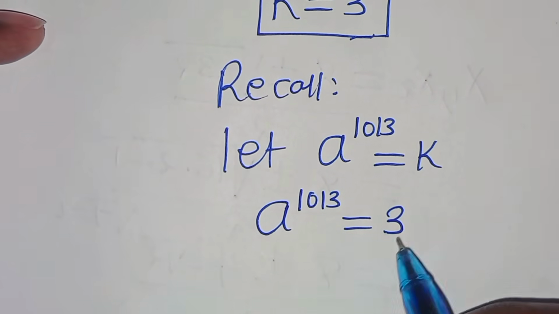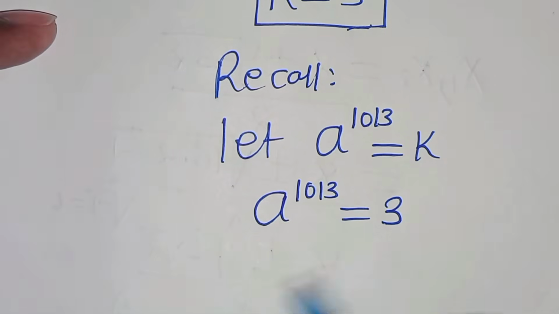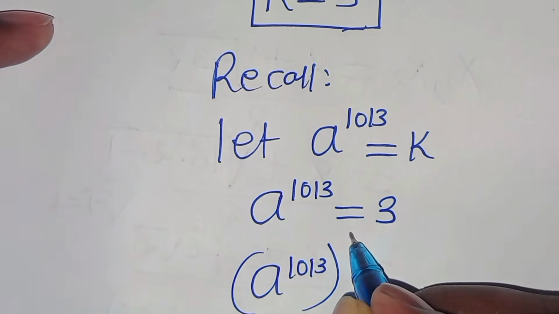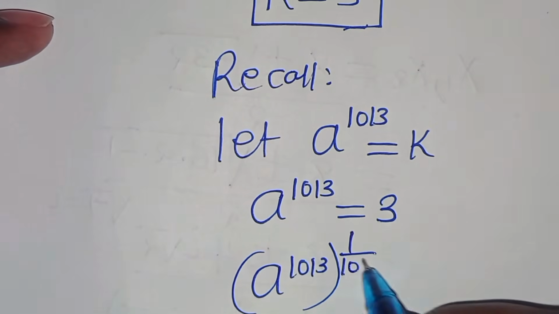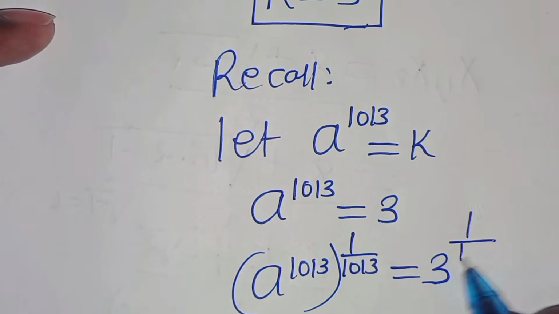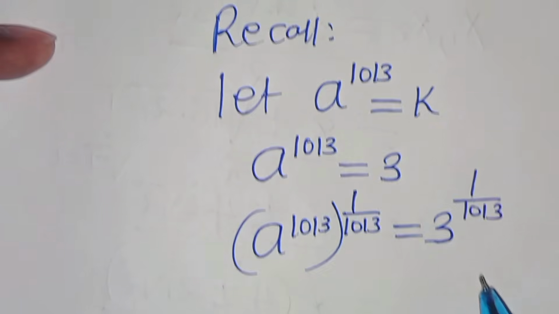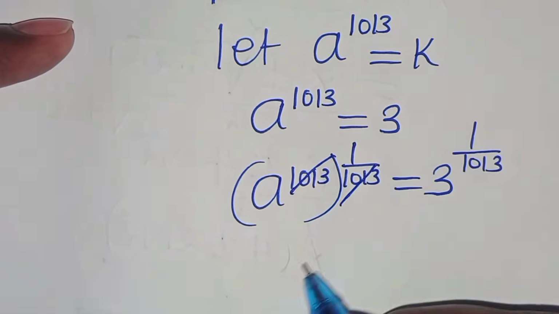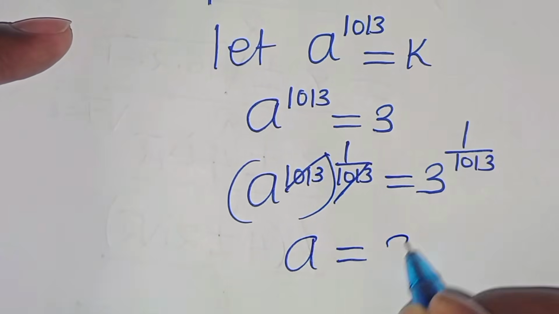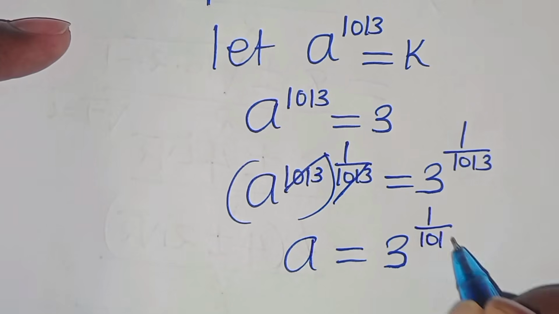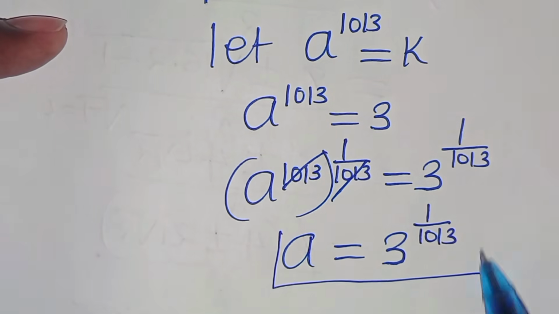Now, for the value of A, let's multiply both sides by 1 over 10, 13. So this is equal to 3 to the power of 1 over 10, 13. So this 10, 13 and 10, 13 here simplifies so that we have A is equal to 3 raised to the power of 1 over 10, 13. So this is the value of A.